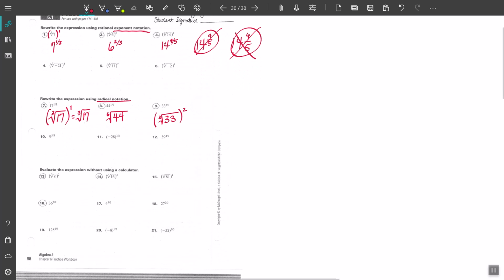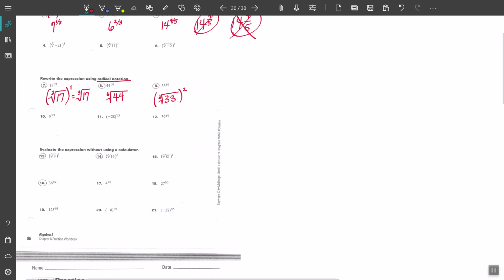On 13, 14, and 16, we need to evaluate the expression without using a calculator. So we just need to follow PEMDAS, and really we only need the P and the E. We need the parentheses and the exponent. So we are going to take care of what's inside the parentheses first, so we have here the cubed root of 8.